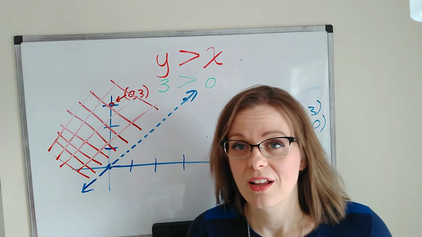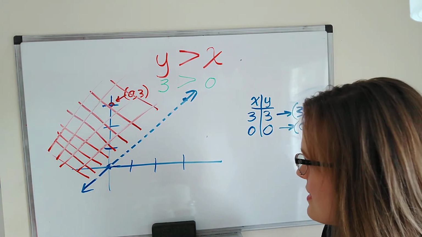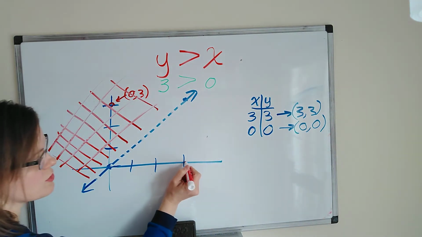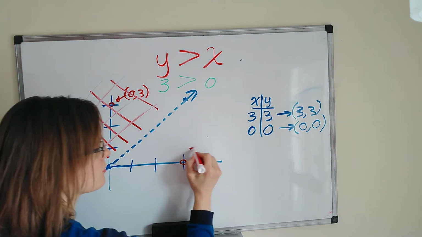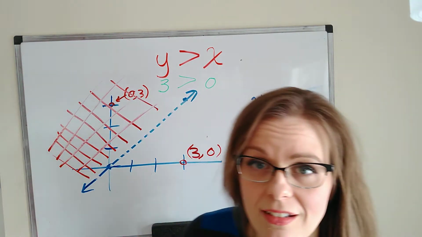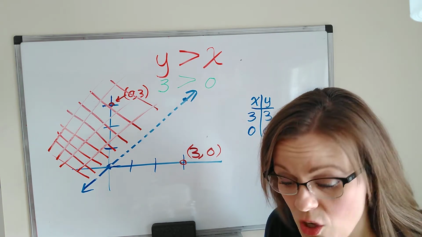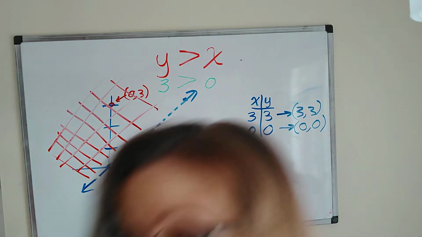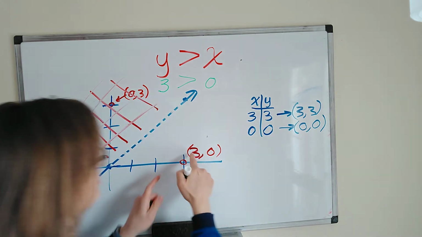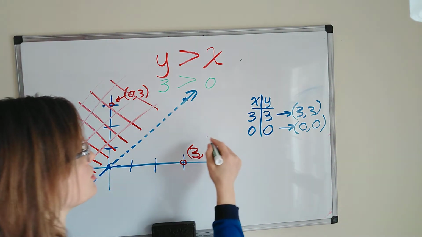And there you go. Now, if you would have chosen a different test point, like let's say instead we choose the point 3, 0. Well, you do the same thing. You take the test point and you plug it into your original inequality. I'll do that now. So let's see, I would take the 3 and put it where x used to be.